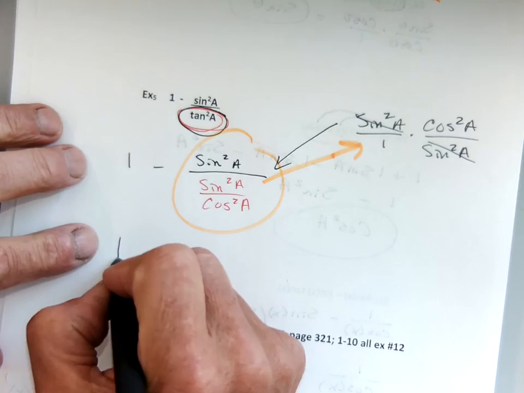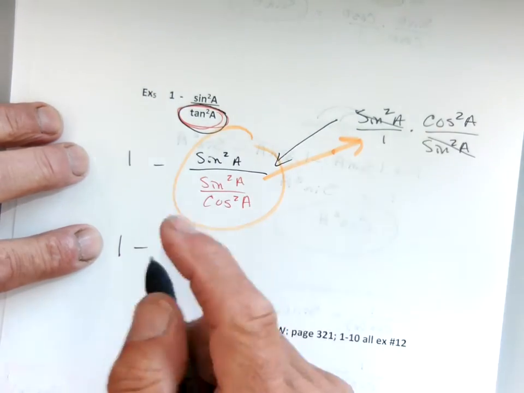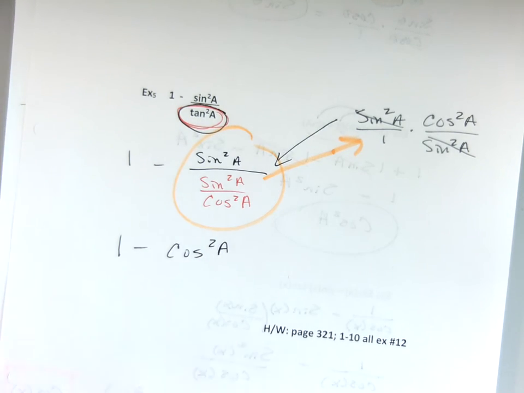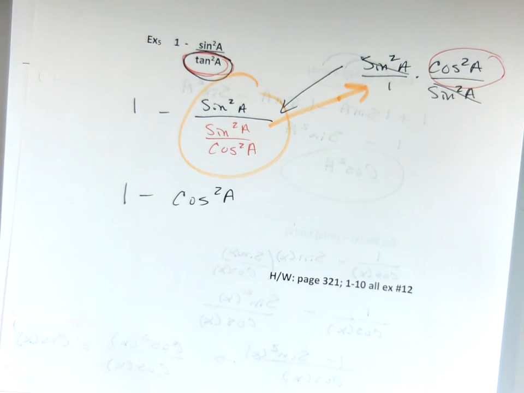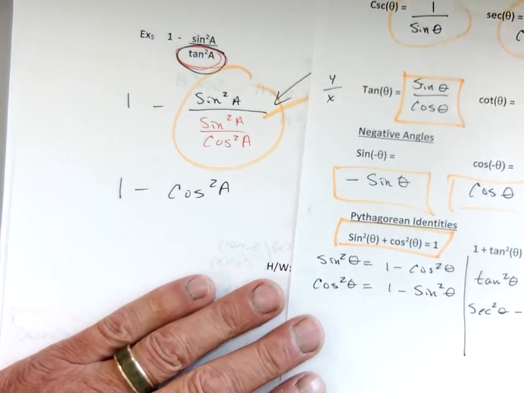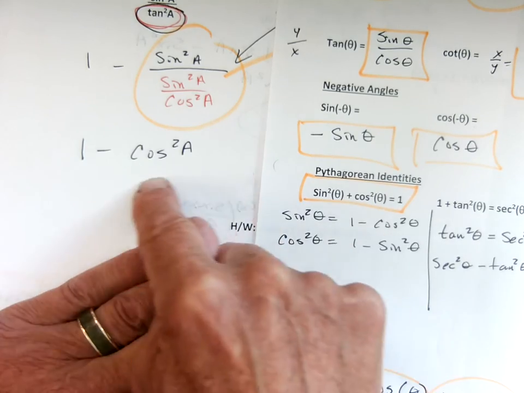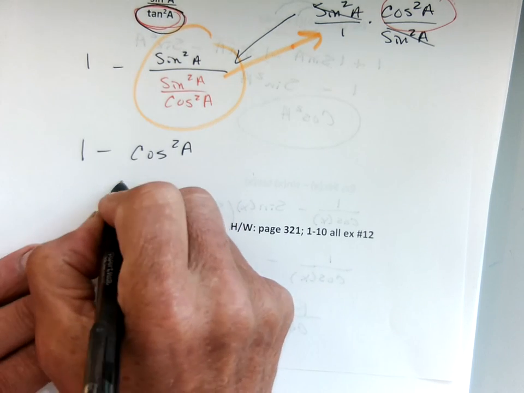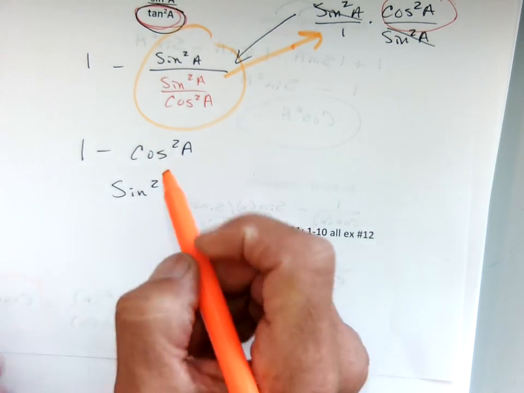So this whole thing would simplify to just a cosine squared of A, right? I think I've seen that before. 1 minus cosine squared is equal to a sine squared, right? So this whole thing becomes a sine squared. And that is my identity.